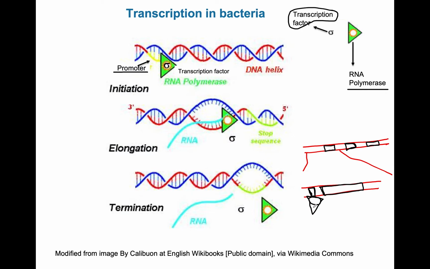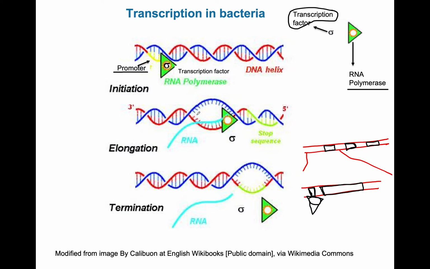So once the RNA polymerase is recruited to the DNA, we say that the first step of transcription has completed, and that's called the initiation step. Transcription has initiated. Then the RNA polymerase opens up the DNA and starts copying the information on the DNA.